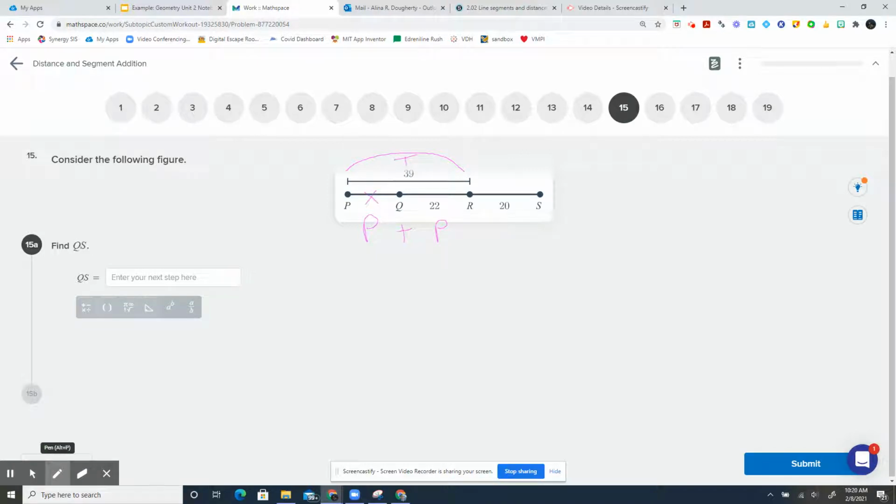So PQ is x plus 22 equals 39. And then I subtract the 22 from both sides, and x equals 17.